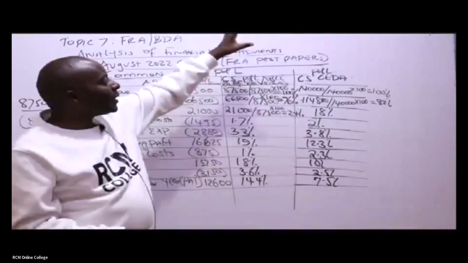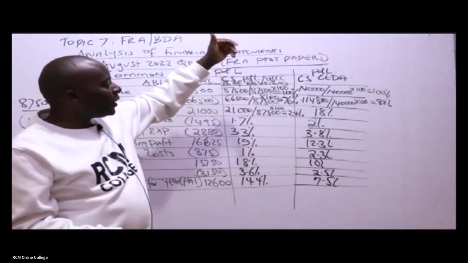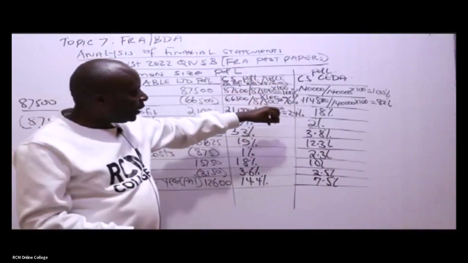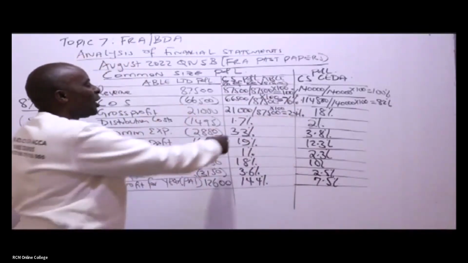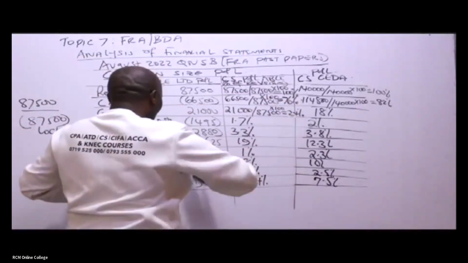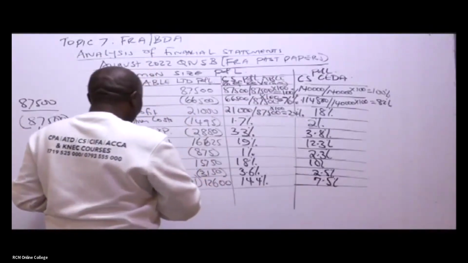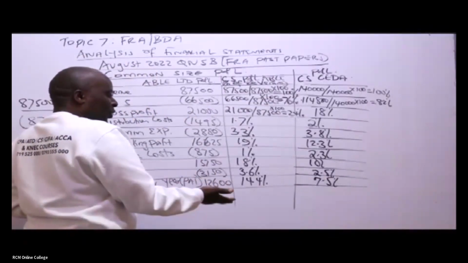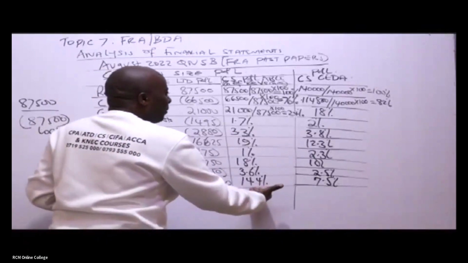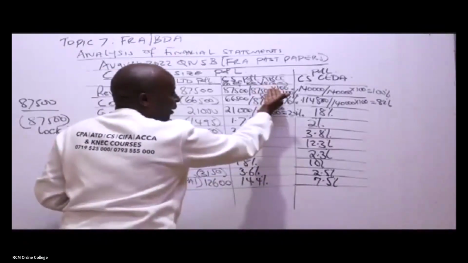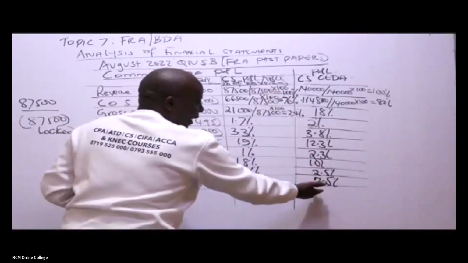It doesn't matter how high the sales you're making are. We're only interested in the profits here. So in terms of gross profit percentage, Able is better. And then look at the bottom line. The bottom line is the profit for the year, the PAT percentages. Again, in terms of PAT percentages, we can see that Able is better compared to 7.5.